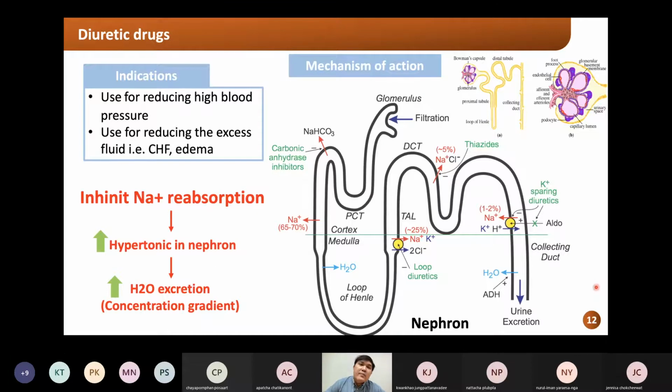All right, so I'm going to move to the diuretic drugs. The diuretic drugs are also important drugs used in congestive heart failure or in patients who suffer with edema. The indication for using diuretic drugs is to reduce high blood pressure or reduce the excessive fluid in the body.